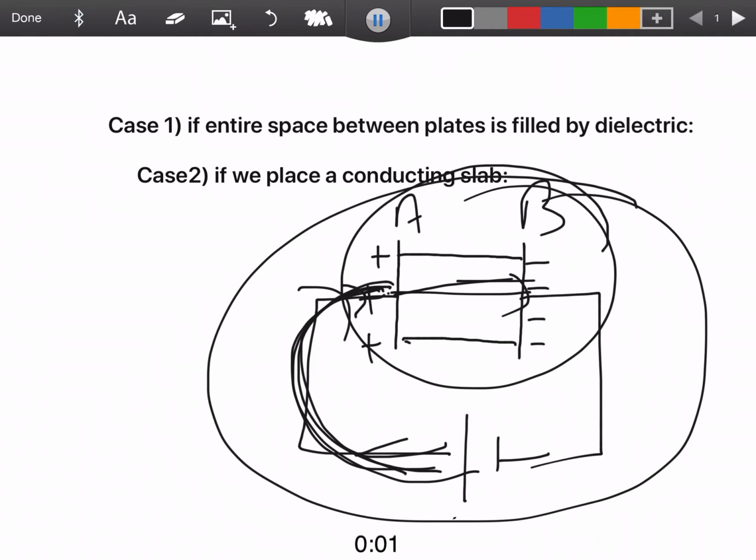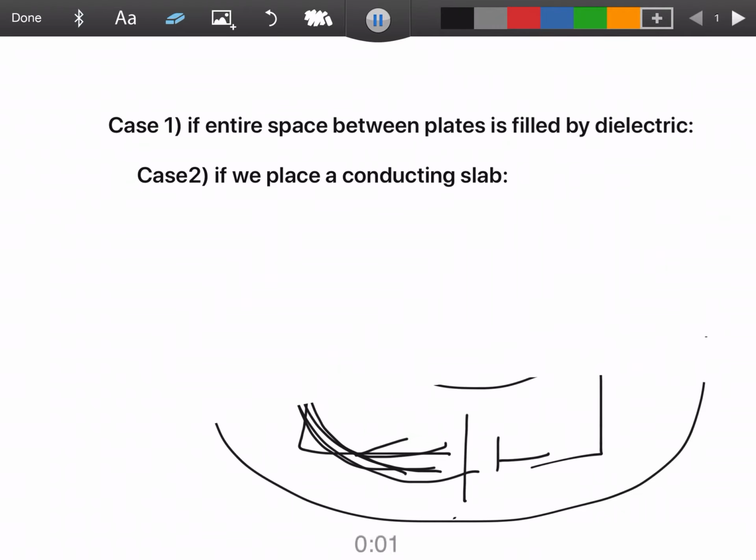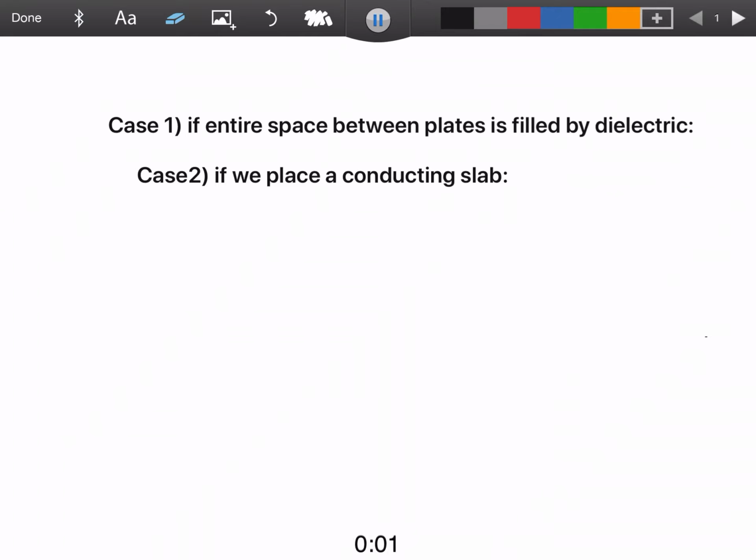So we will be using all these formulas and concepts to solve the numericals. I am again writing the formulas.